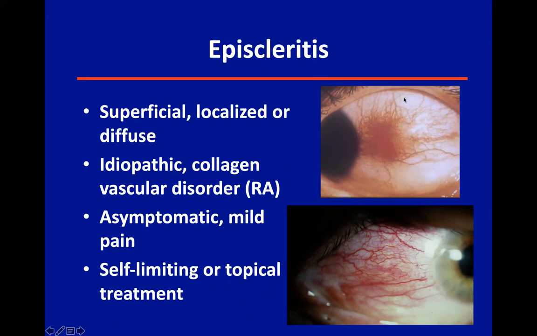So this is not a conjunctivitis because the conjunctiva usually covers all, but usually with an episcleritis, it can be superficial, but less superficial than the conjunctiva, usually localized, but it can also, as you see here, be very diffuse. How do you differentiate this diffuse episcleritis from a conjunctivitis?